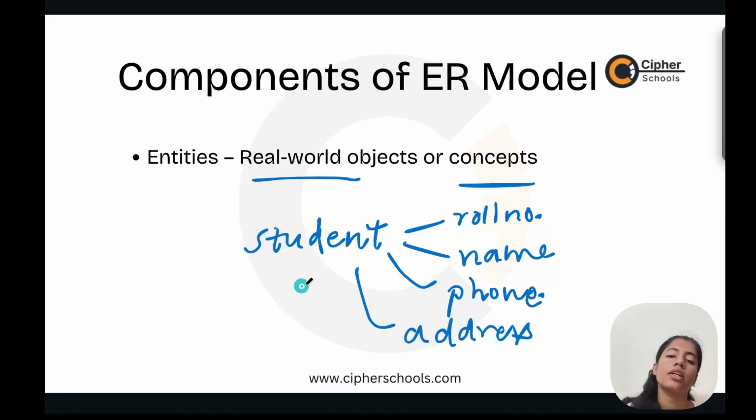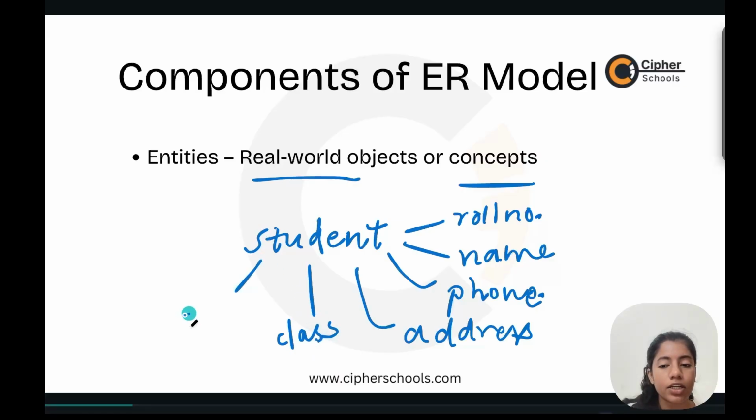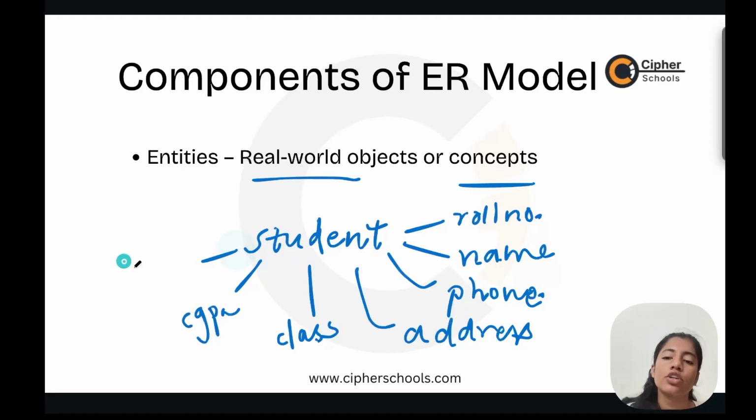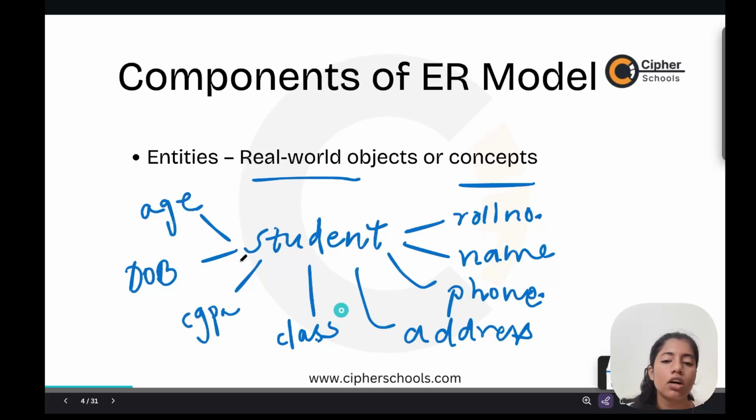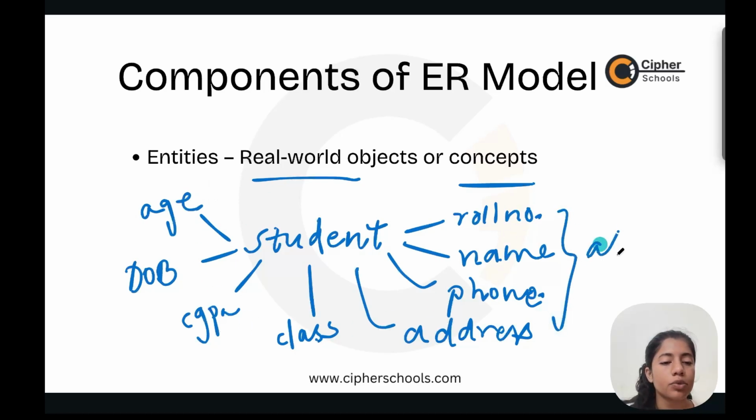Then after address, you can have class, like which grade the student is in. You can have data related to CGPA, the percentage marks they got. Then you can store the date of birth of the student. You can store the age of the student. So all these things help you define the student. These are the properties of the student, right? What we call all these properties is attributes.